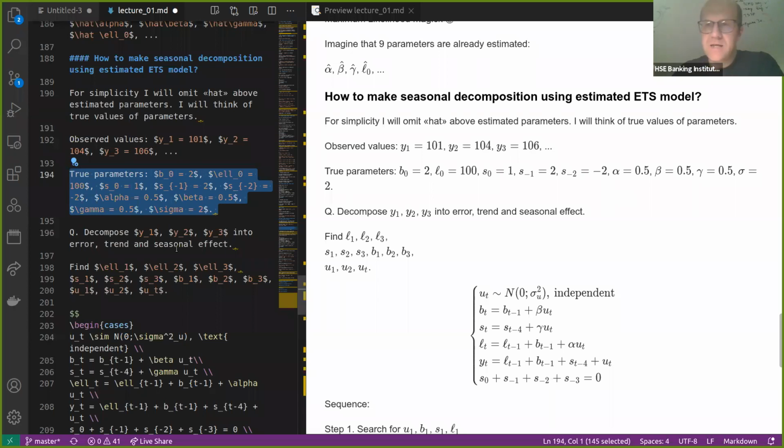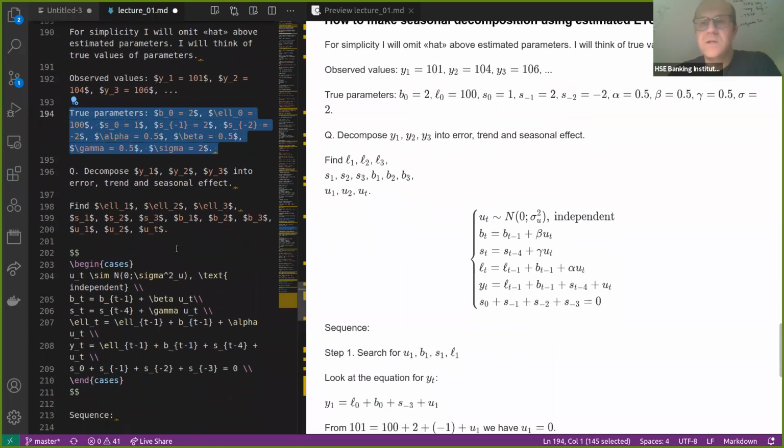But the process is exactly the same as with true parameters. The only thing that differs is that instead of writing true B_t, you write B_t hat. Instead of gamma, you write gamma hat. Instead of U_t, you write U_t hat, and so on. Where do we use sigma here? Nowhere. We will use sigma when we make interval forecasts.